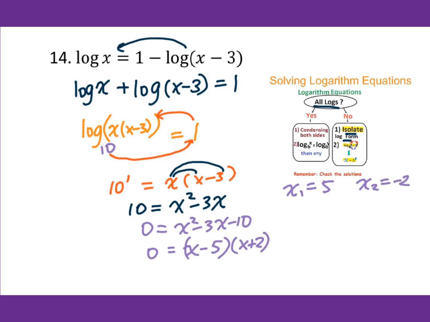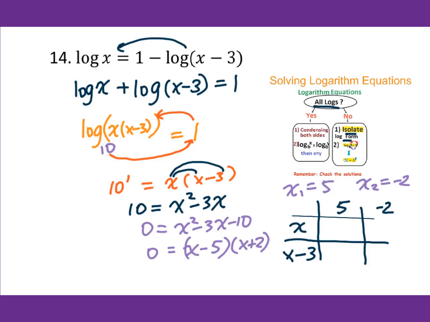Now we check the solutions for extraneous solutions. How many arguments do we have? We have 2: x and x minus 3. The solutions are 5 and negative 2.